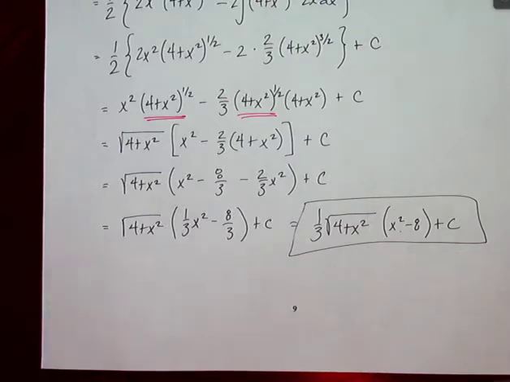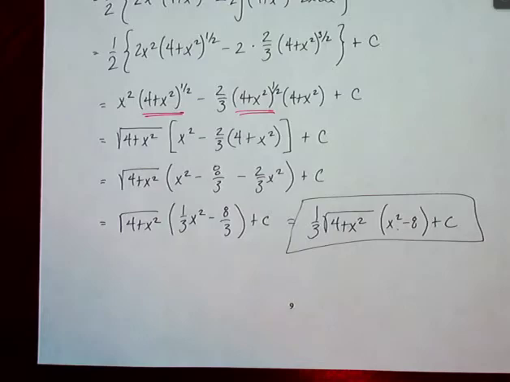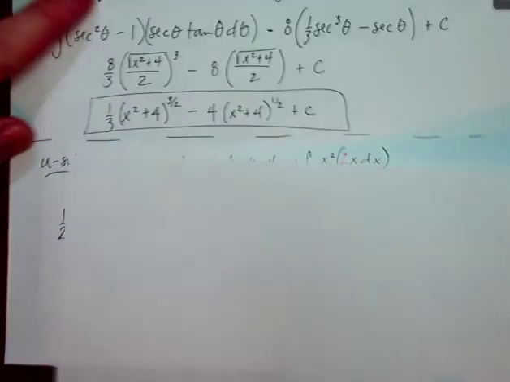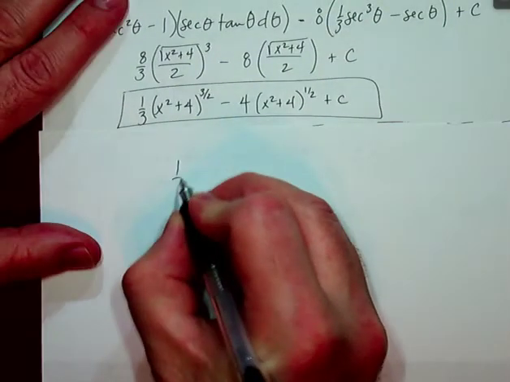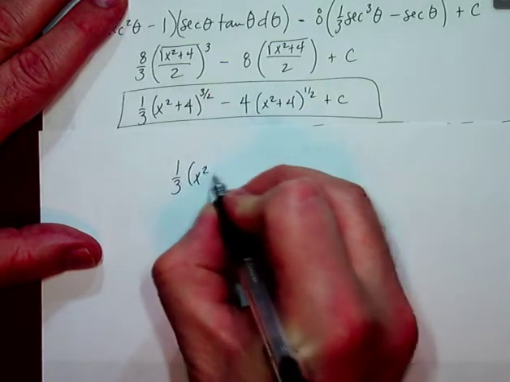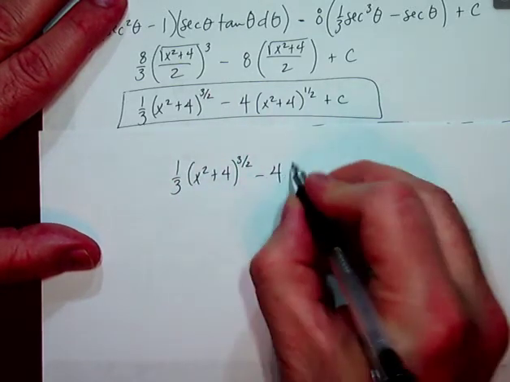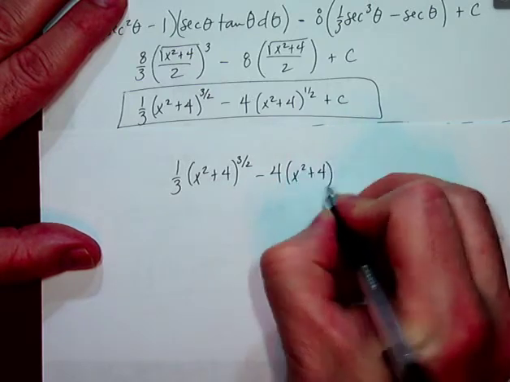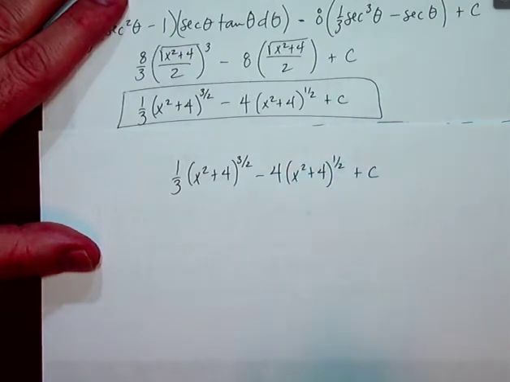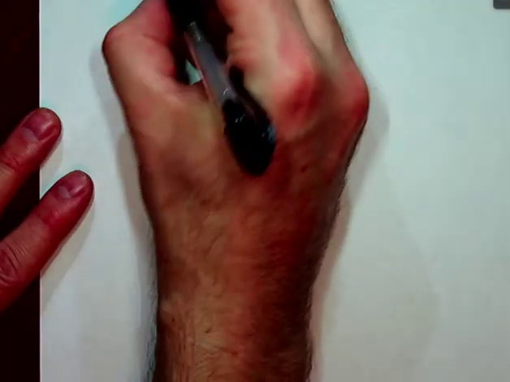I guess that's the best way to describe it. But if I take the original answer, which was 1/3 x squared plus 4 to the 3 halves minus 4 x squared plus 4 to the 1/2 plus c.